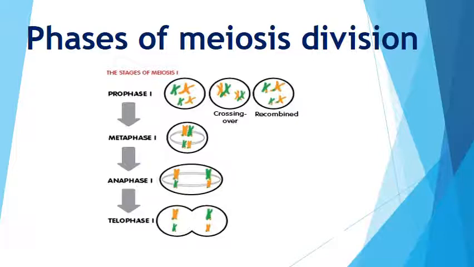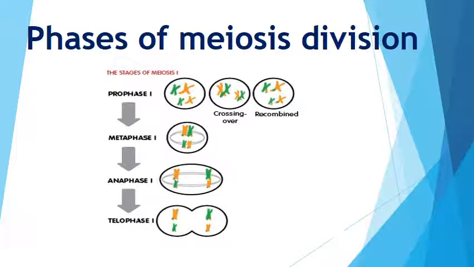Okay? So what happens in telophase 1 again? Formation of two nuclei, and formation of nucleolus again, appearing of nucleolus and nuclear membrane. Pay attention here, formation of two nuclei, two new cells.